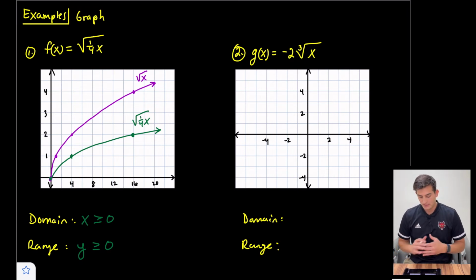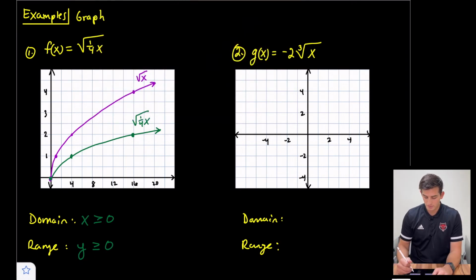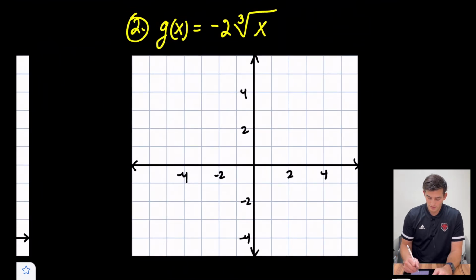All right, number 2, we have g of x is equal to -2 times the cube root of x. With this one, we have 2 transformations happening: a reflection and a vertical stretch, and we'll talk about those. So let's go back to purple and graph our parent function. If you remember, for cube root functions, we have (0, 0), (1, 1), and (1, -1).